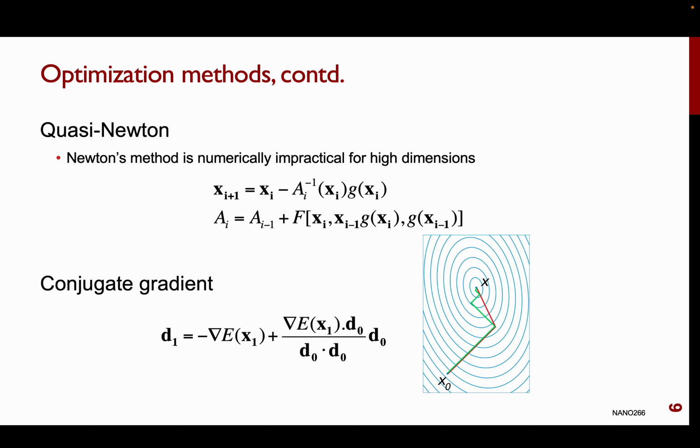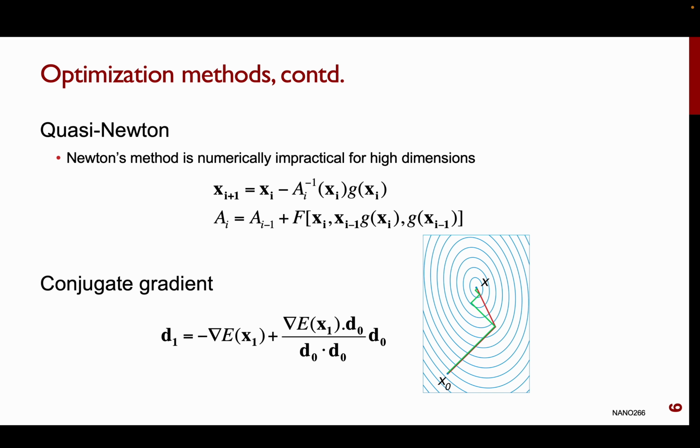So people have adapted Newton's method into something called the quasi-Newton method, and I'm not going to go into the details of the method, but basically this is just an adaptation of Newton's method for high-dimensional space. Now, another common optimization method is what is called the conjugate gradient method.